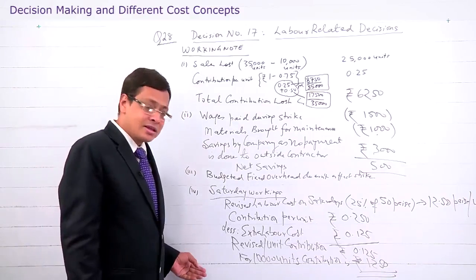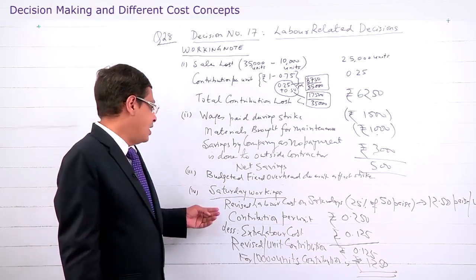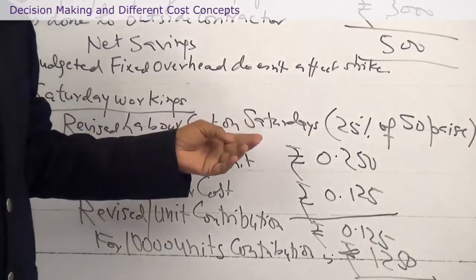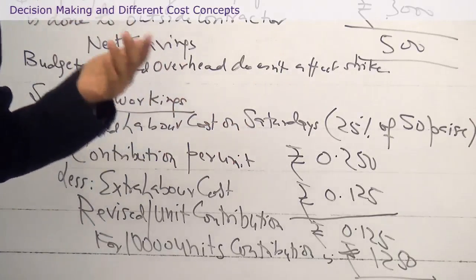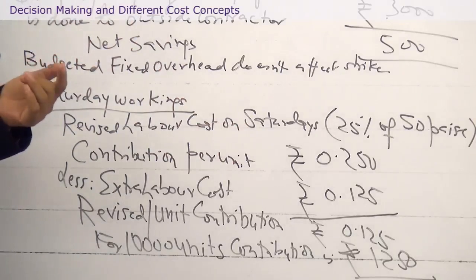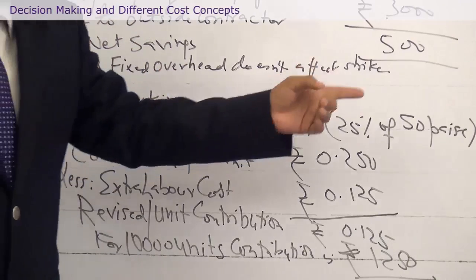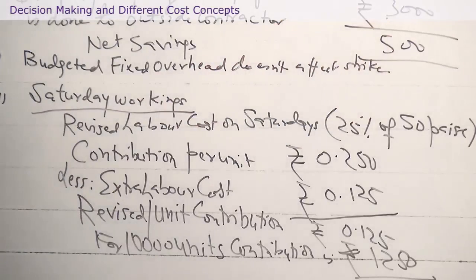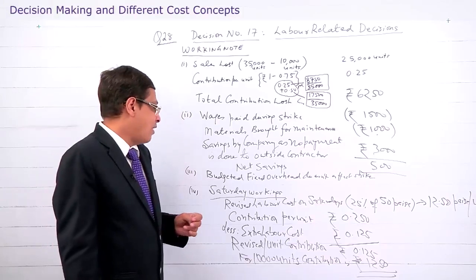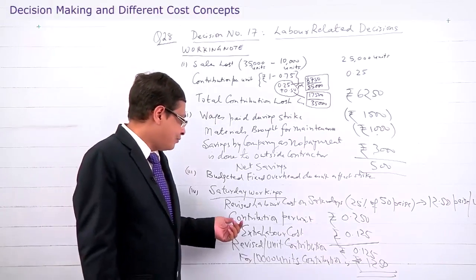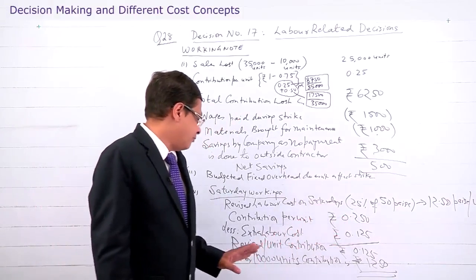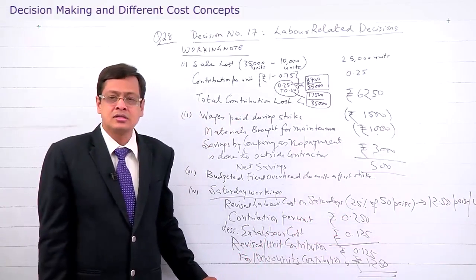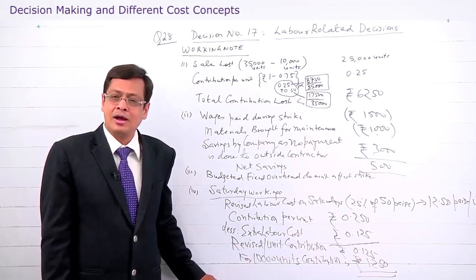Finally, Saturday's working has been calculated, where revised labor cost on Saturdays is 25% more, which means on 50 paise we are applying 25% more, so 12.50 paise per unit. The revised contribution after adjusting this labor cost is 0.125. For 10,000 units it works out to rupees 1250.